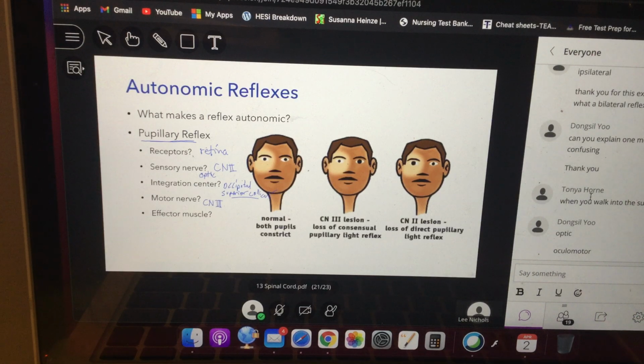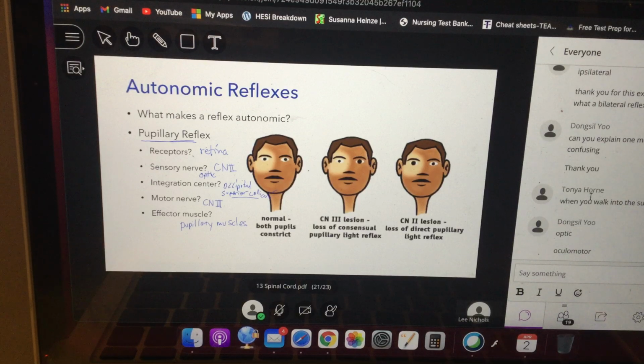The effector muscle are called pupillary muscles. And specifically, we'll talk about them next week. They're called constrictor pupillae, or pupillary constrictors. Yeah, that's it on the reflexes.